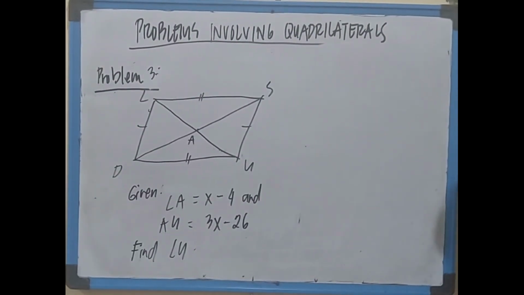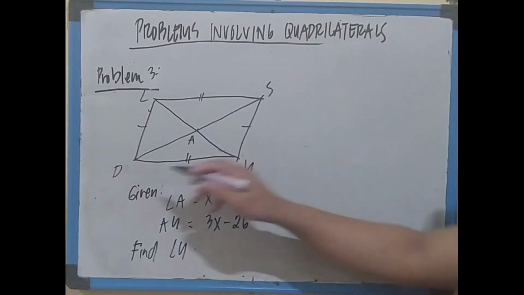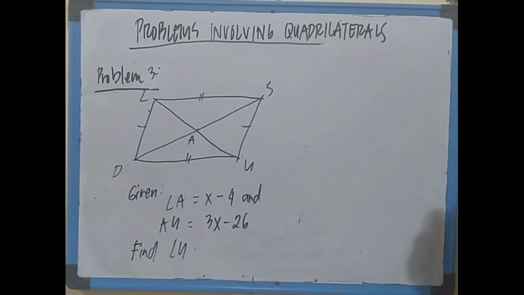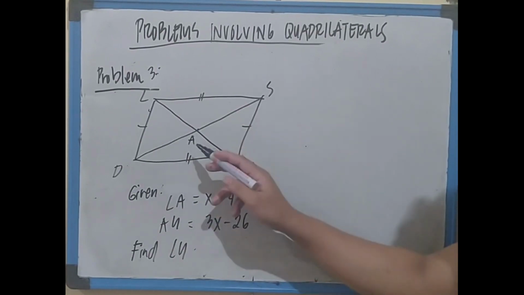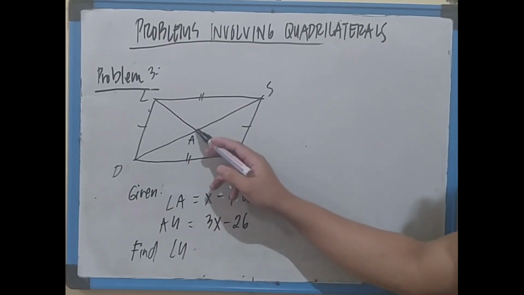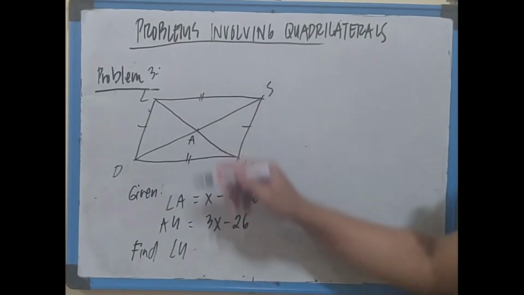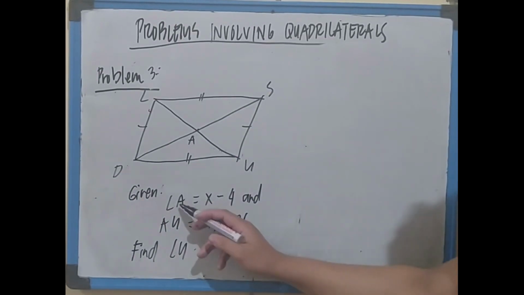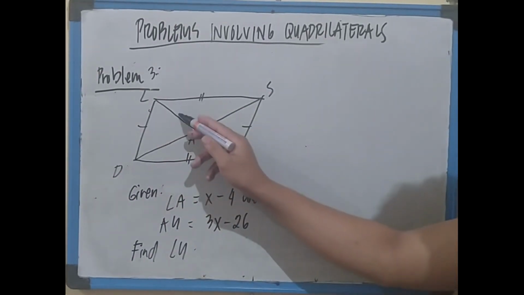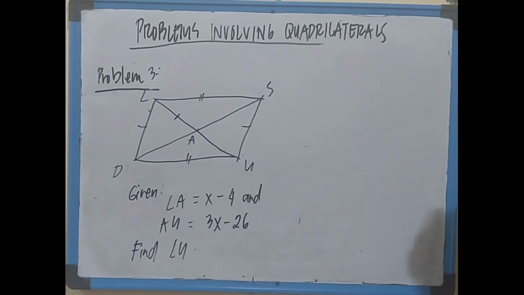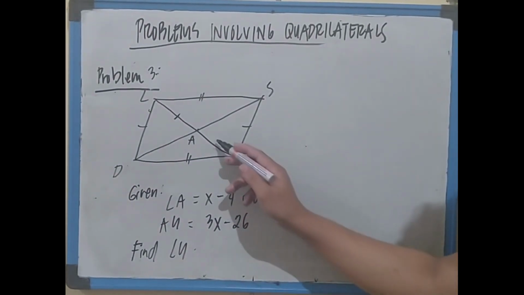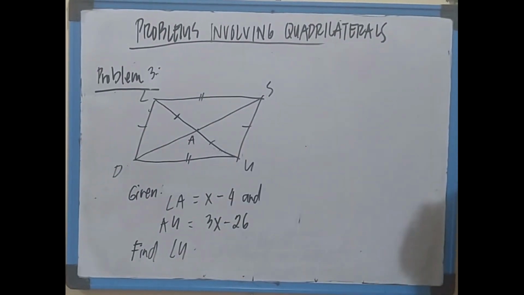Okay, so as you can see in the figure, we have the parallelogram DLSU. Okay? So, meron tayong dalawang diagonals na nag-meet sa point A na nandito. Okay? So, ang given natin ay LA, yung sukat itong isang kalahati ng diagonal, which is x minus 4. And then the other one, AU, is 3x minus 25.